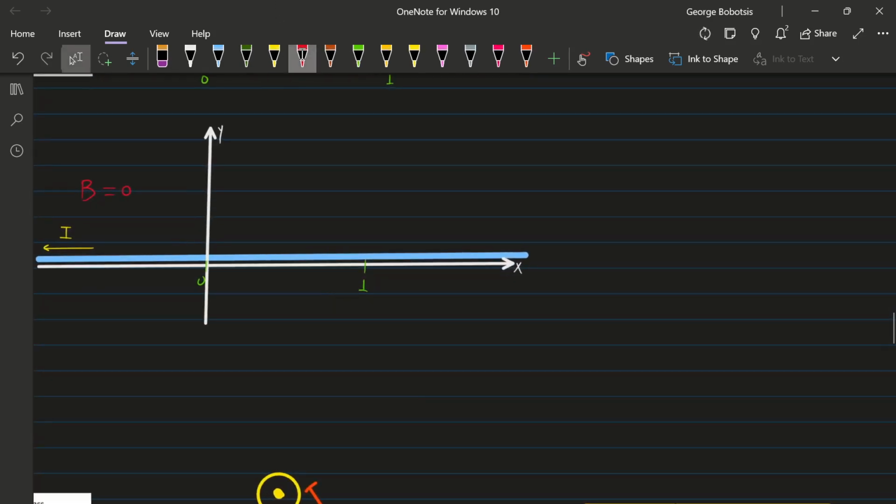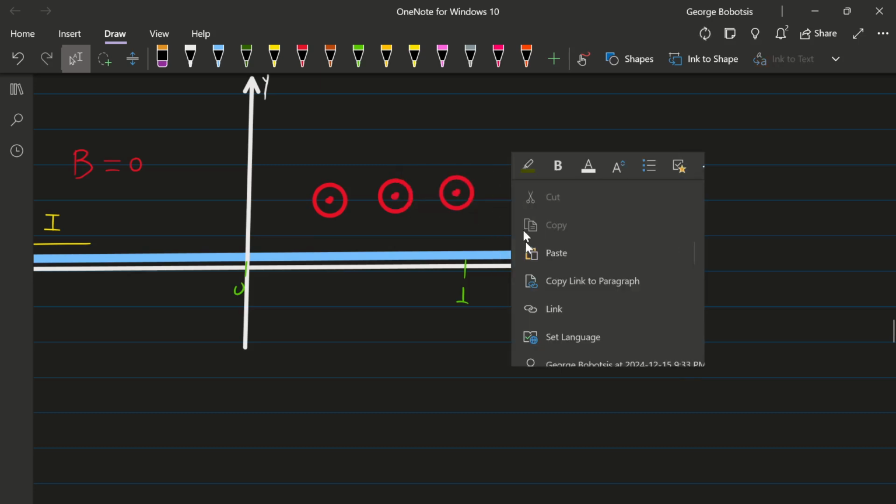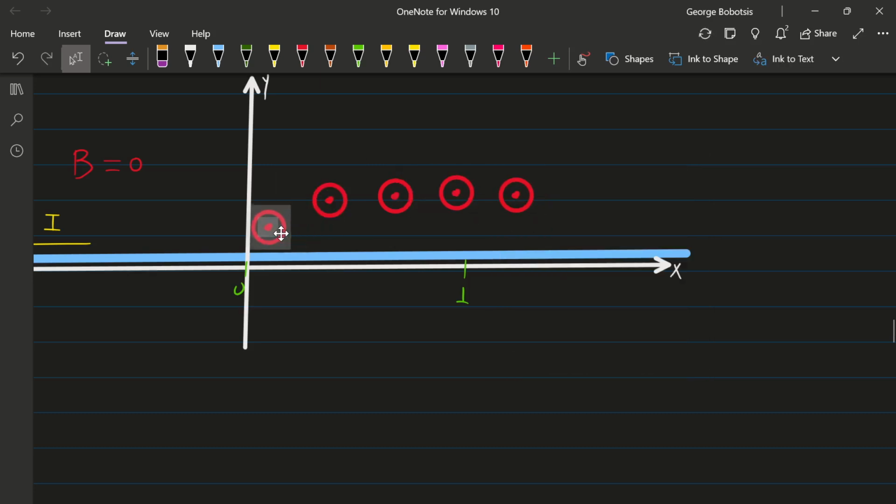Let me indicate it again since it's in the k direction. It's going to be really small near the origin. It's coming out of the page. Let's make some copies. So really small here, tiny, like it's going to 0. And then it's growing more, and more, and more, to the point where it comes to a maximum at 1.